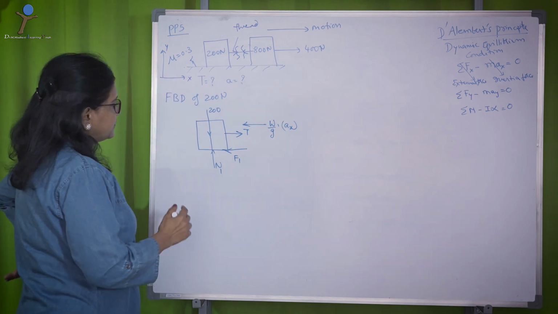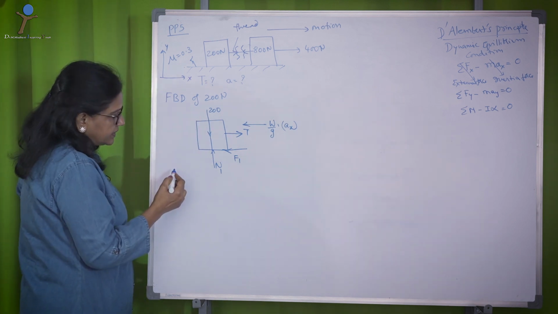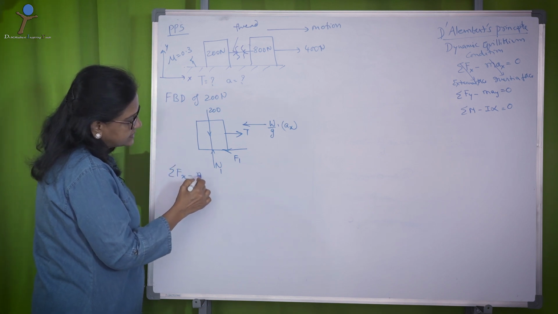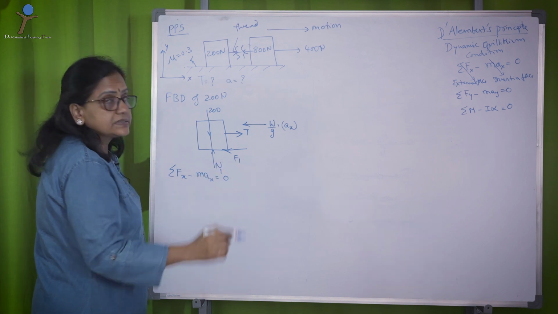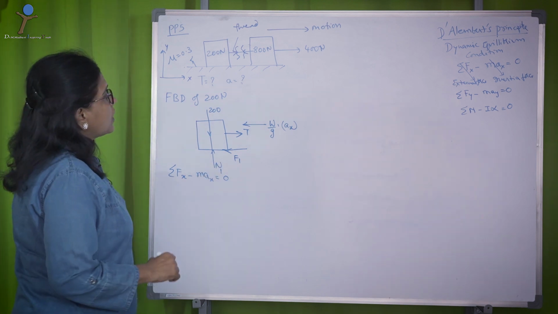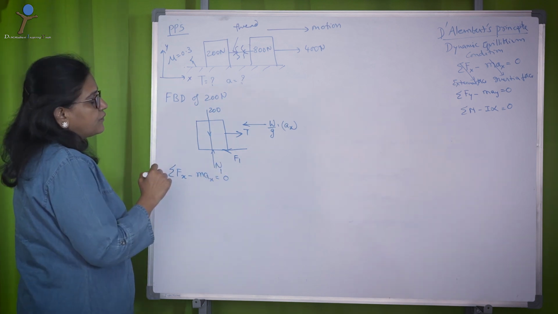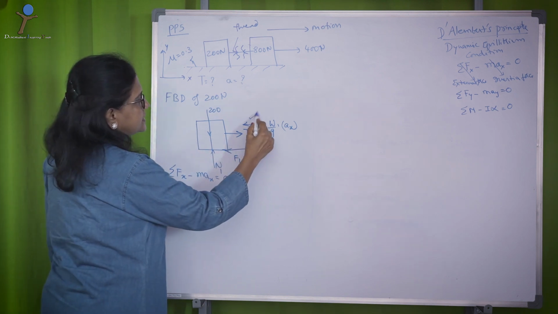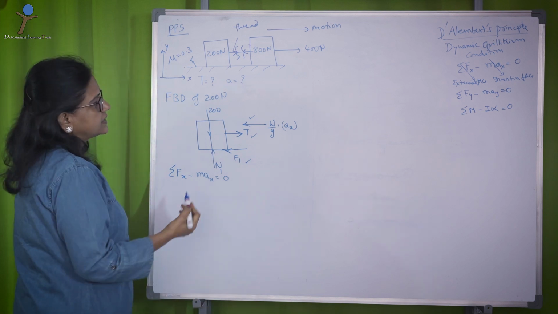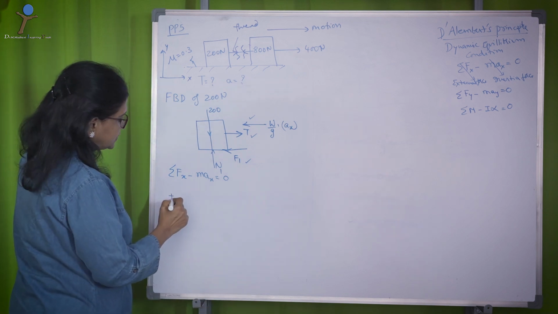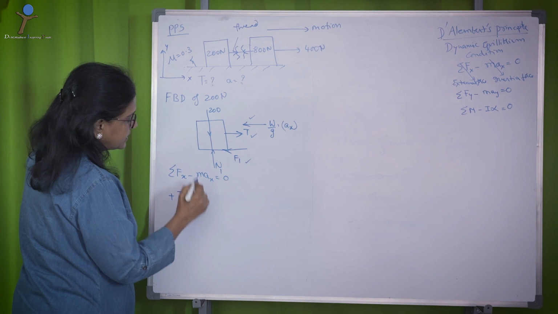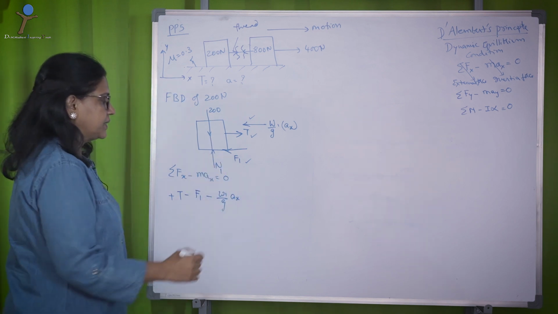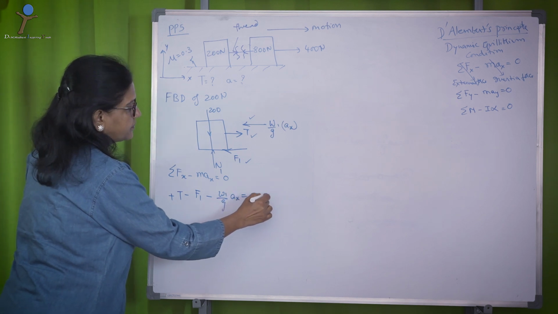Now, for these forces, apply the dynamic equilibrium condition, that is sigma Fx minus max equal to 0. That is the sum of the forces in x direction. Those include this as well as this. That is, you can say plus T minus F1 minus W1 by g into Ax equal to 0.